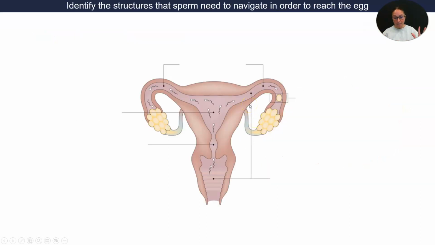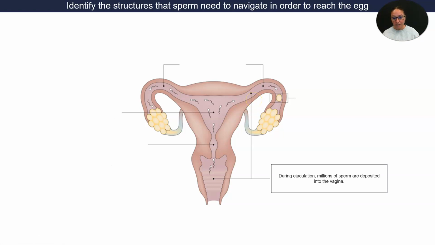So let's see what happens after ejaculation has occurred into the vagina, okay? Here we go. During ejaculation, millions and millions of sperm are deposited into the vagina.